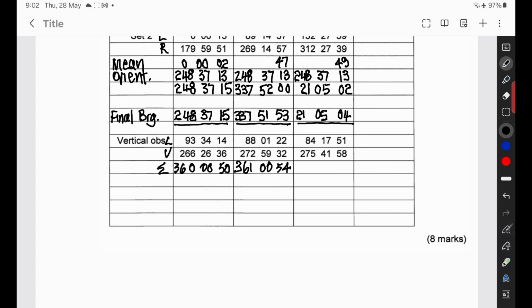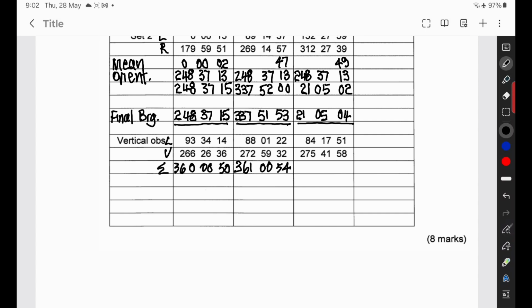There's a 1 degree problem there, I believe. There's something's gone a little awry there. We'll have to have a look at that.